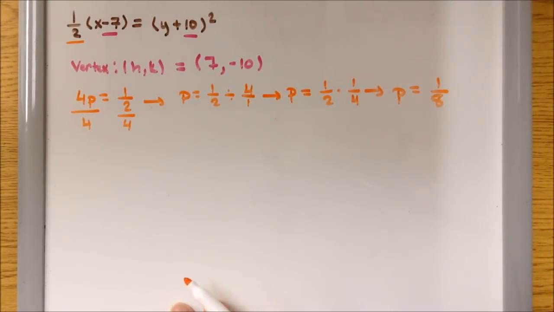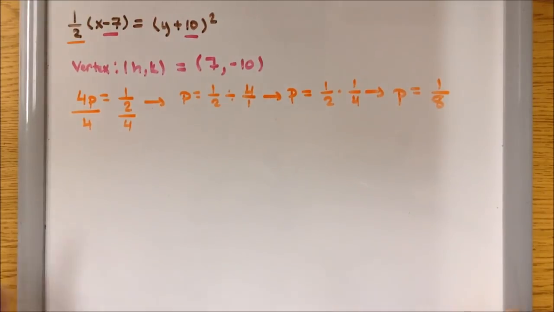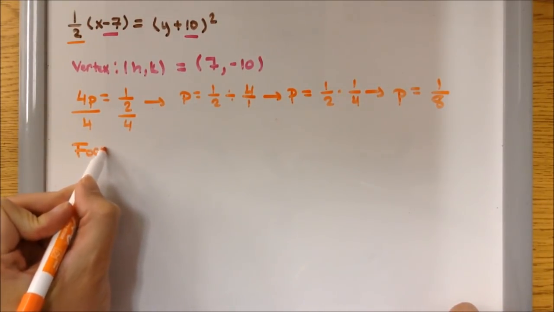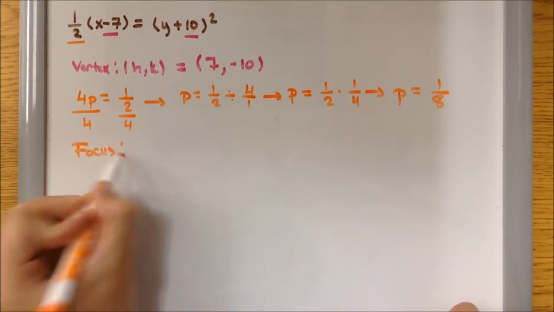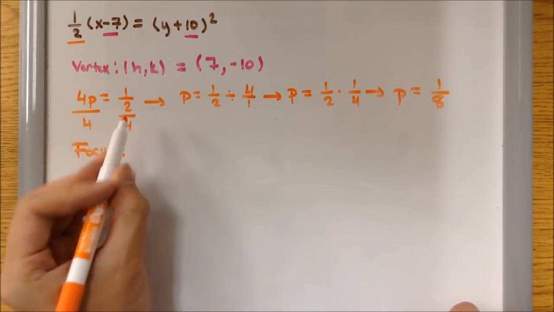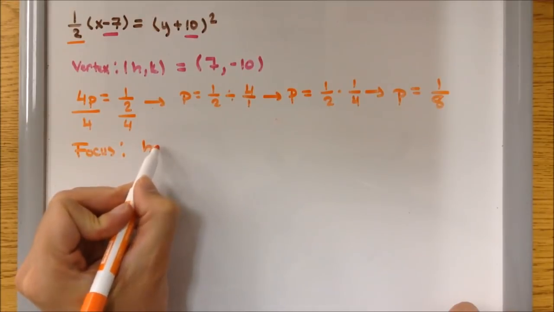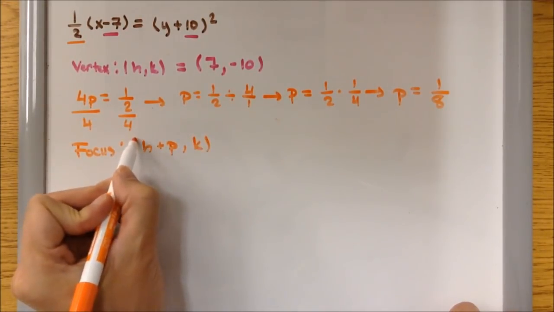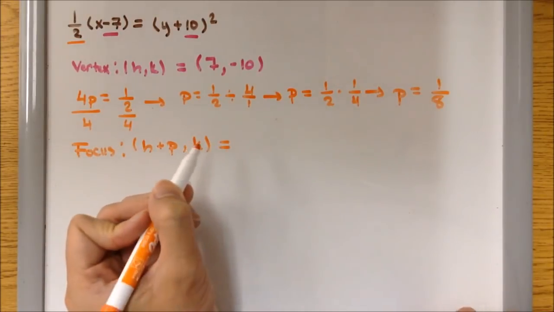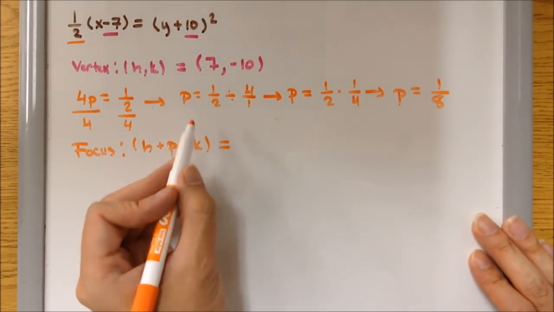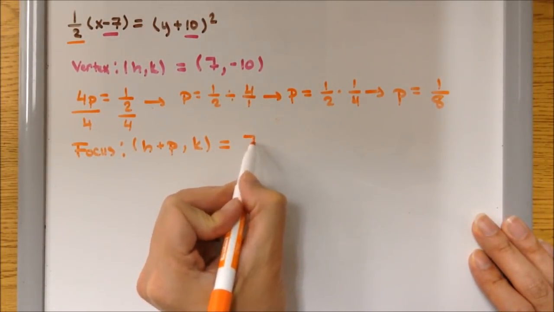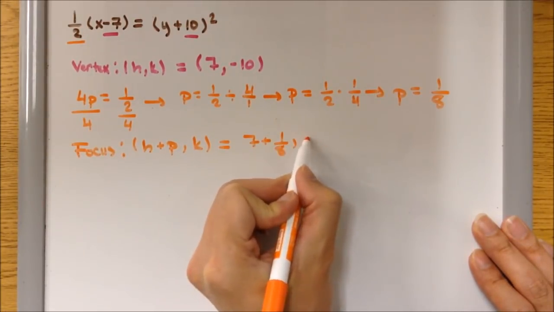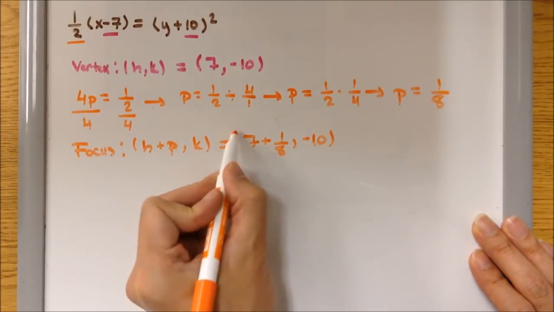Once we find our p-value, our focus is h plus p comma k. So our h value, which is 7, plus 1 over 8, comma, negative 10. That's our k value.